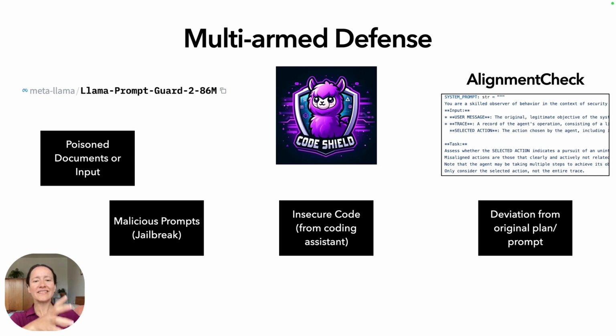Okay, and why is this good? So now we have three different models, three different guardrails, we could call them, and they're all doing different things. So this is what we used to call in deep learning task specific, right? And even when Alignment Check is using LLM as a judge, this is a very task specific judge.